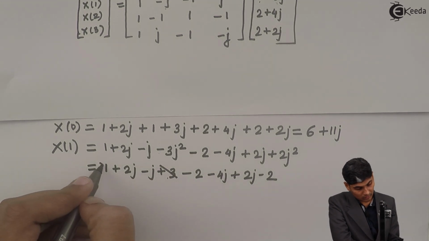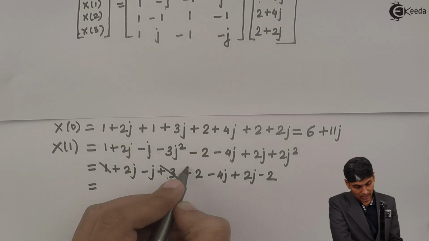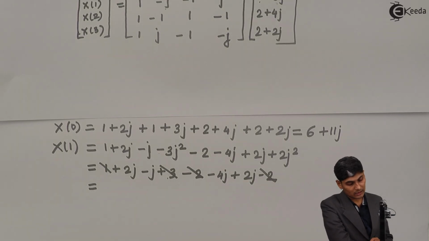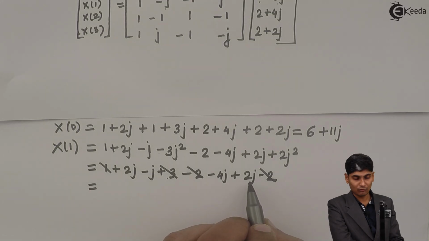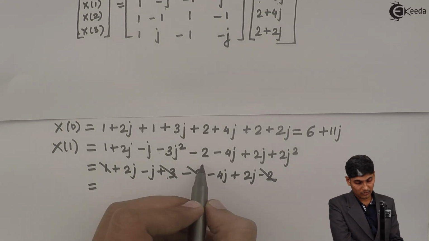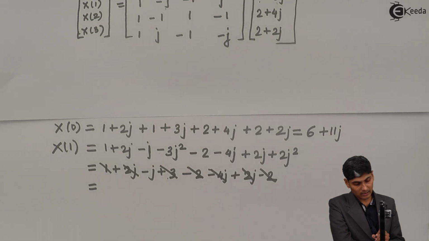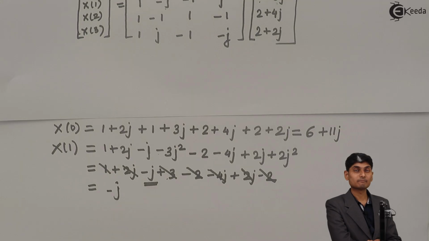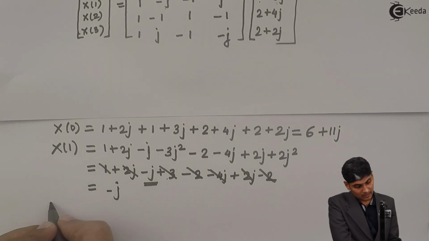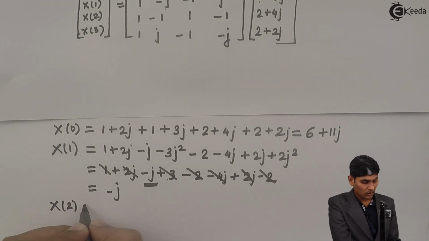So this 3 plus 1 is 4 and this minus 4 will get cancelled. Now this plus 2j will give me 4j, and here we have minus 4j, so this will also get cancelled. Ultimately what remains is minus j. Agreed?